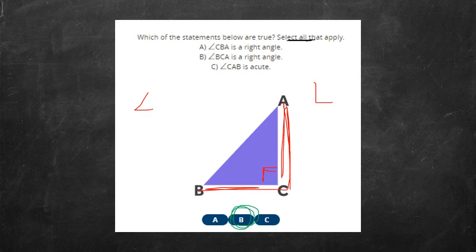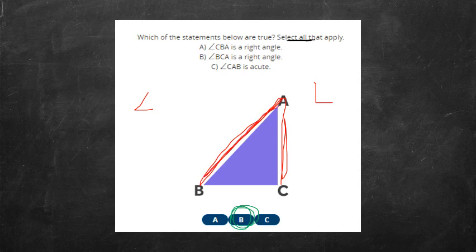But remember, it says that we should select all of the correct answers that apply. So let's also look at answer choice letter C. C says angle CAB is acute. Well, let's check it out. Here is angle CAB.